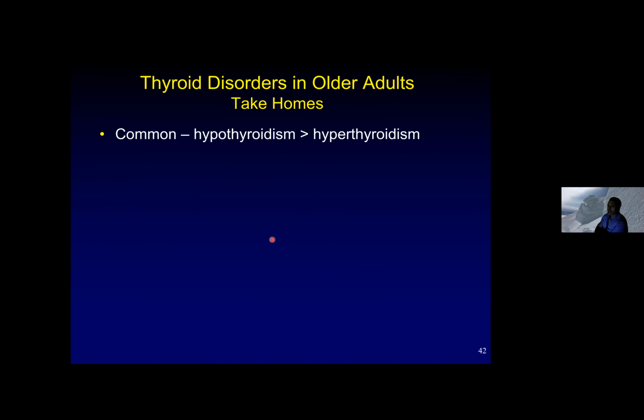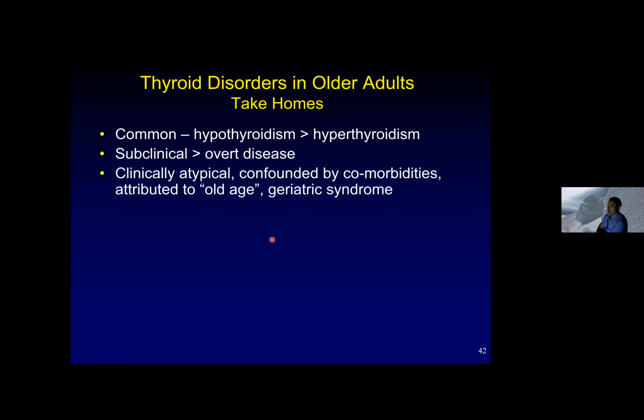So the take-home messages. Thyroid disease in the elderly is common, so we have to think about it when we see our patients. Hypothyroidism is more common than hyperthyroidism. Subclinical is more common than overt disease, and that usually refers to small changes in TSH with normal T4, and with symptoms that are not necessarily consistent with either hyper or hypothyroidism.